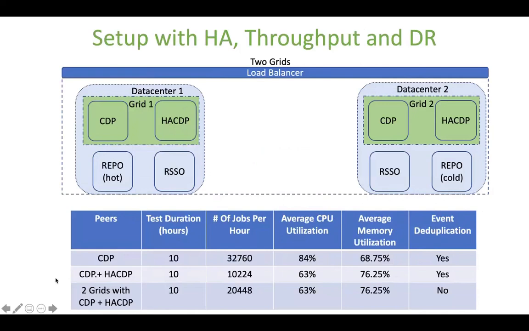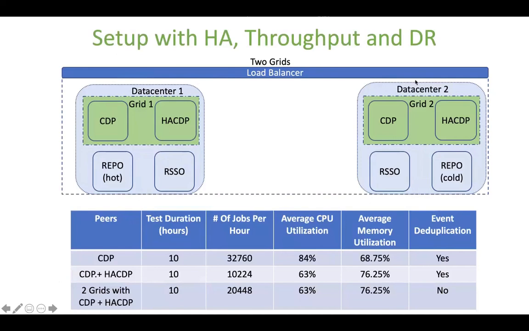So here we have HA and DR. So you're basically saying, okay, I'm going to have two grids, each in one data center. You can see there's a load balancer up top, which is redirecting traffic from one to the other. So in this case, again, your throughput will be a lot better than 4 CDPs or 4 peers in the grid.